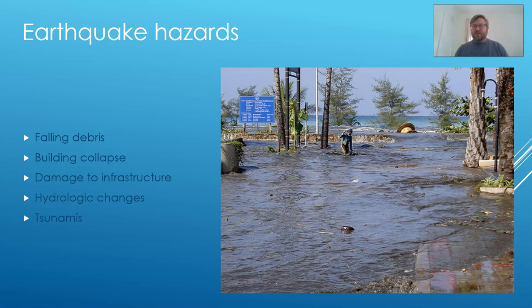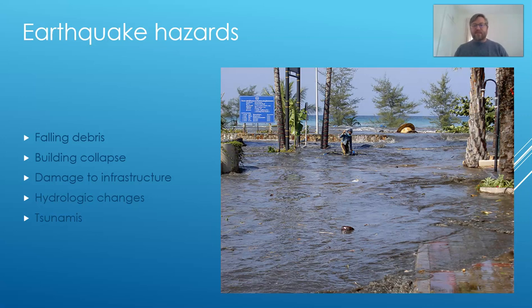And then earthquakes can also trigger tsunamis. So if your earthquake is happening underwater, if the shaking, the waves that come from that earthquake are just right, they can trigger a giant wave in the ocean. It forms a tsunami and can wipe out coastal areas very far from that earthquake.